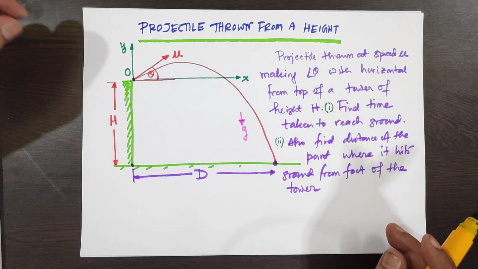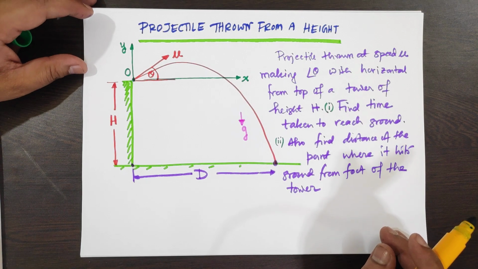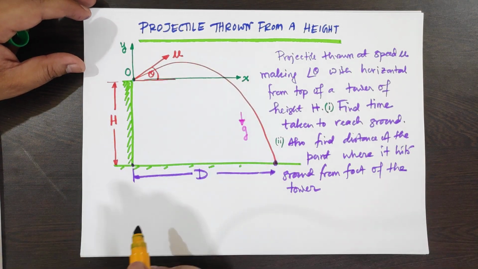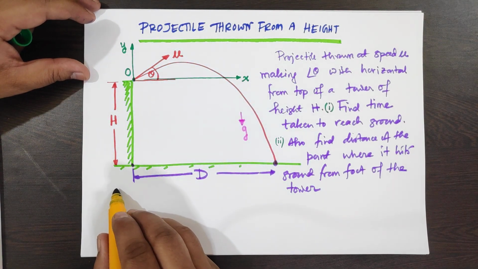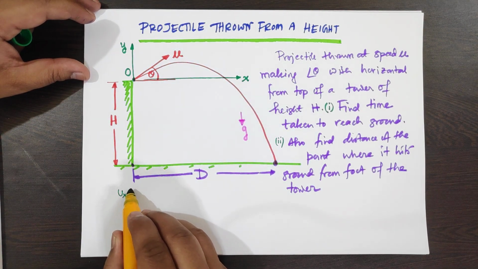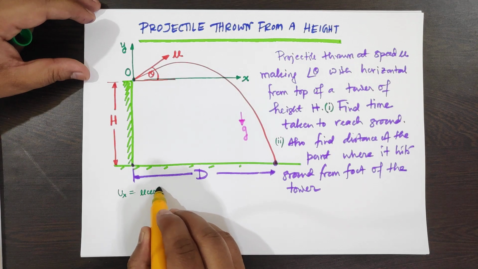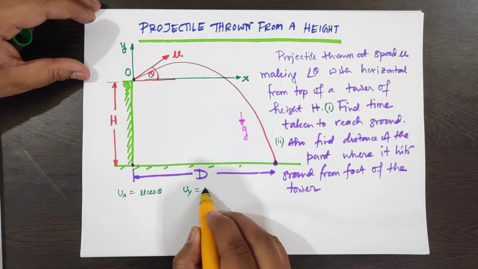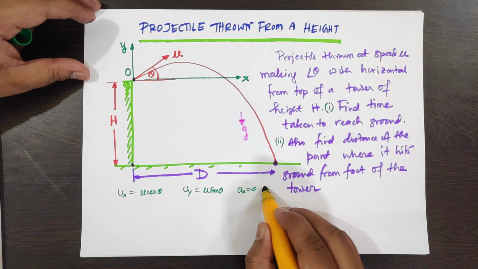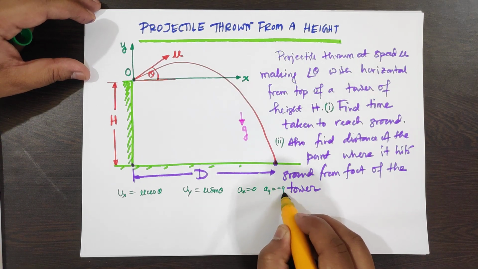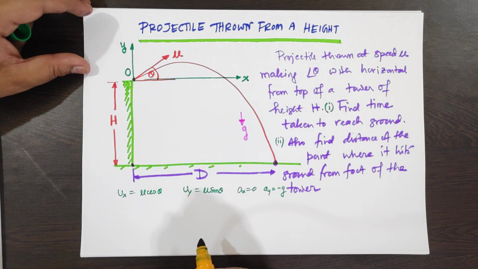Okay, let's find the time taken to reach ground. Again you know that same thing, right? Repeating the same thing. Ux equal to u cos theta, uy equal to u sin theta. Then ax equal to 0 and ay equal to minus g, as we have chosen y axis upward.